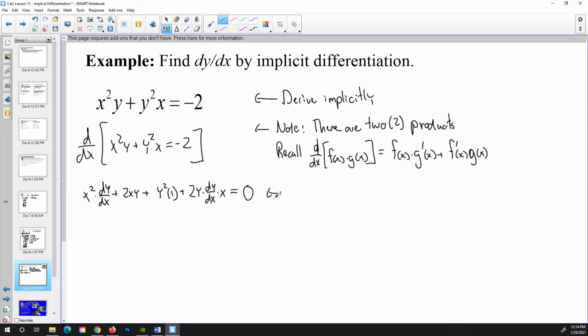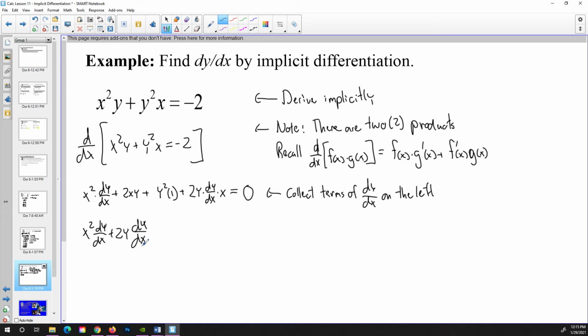So here I want to collect terms of dy over dx on the left. So I have my x squared dy over dx. I have my plus 2xy, and plus 2y dy over dx.